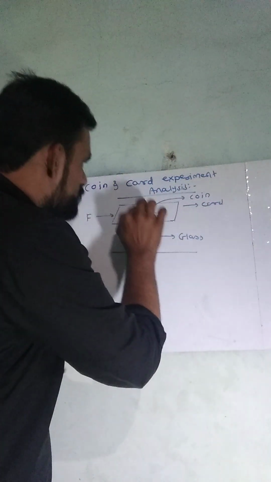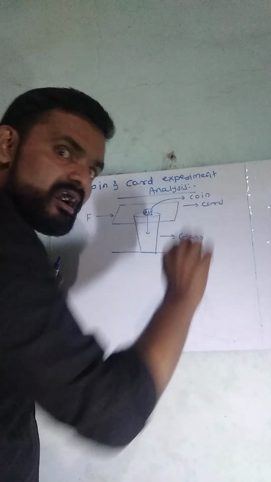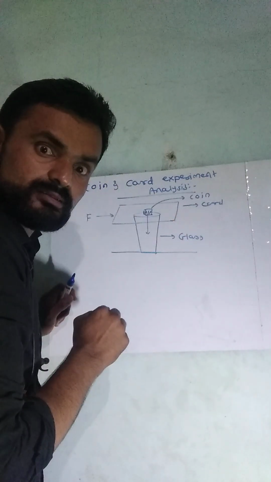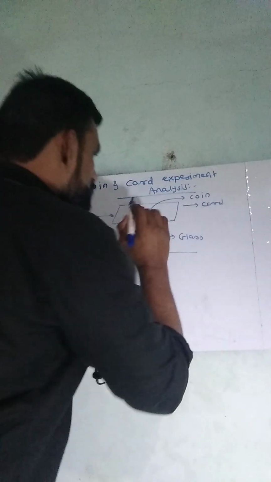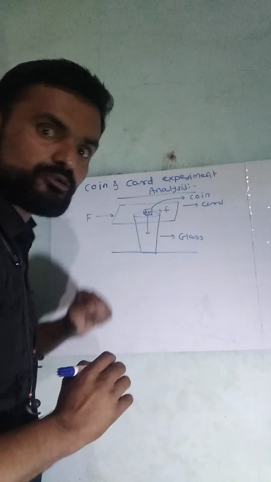What is going to happen? The coin will travel with the card. So who is taking the card? Your hand. You are taking the card. Who is taking this coin in this direction? The coin is taken by a force, which is frictional force, high frictional force, because they both are in contact with each other.